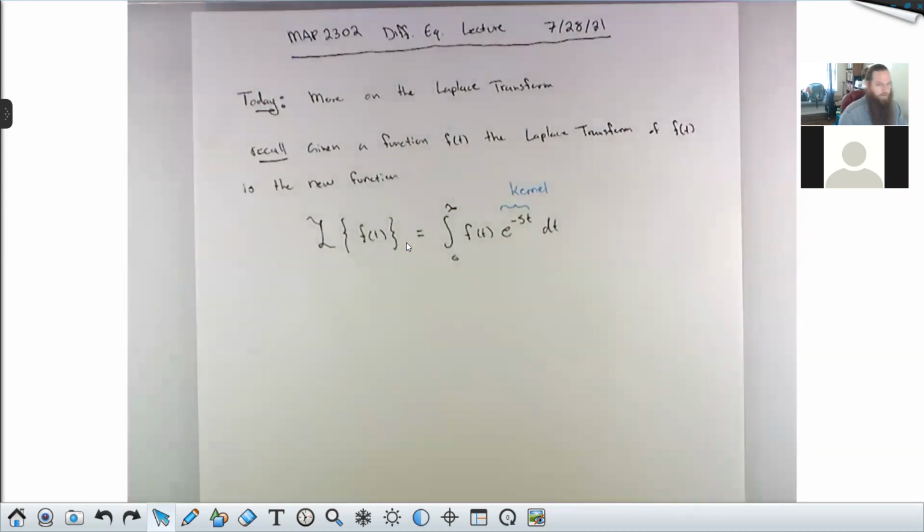If you study other integral transforms like the Mellin transform or the Fourier transform, you'll come to appreciate the significance of the kernel of an integral transform. Basically, it's kind of like f of t are the coefficients of a power series. A power series takes in a sequence, a_n, and spits out a function, f of x.